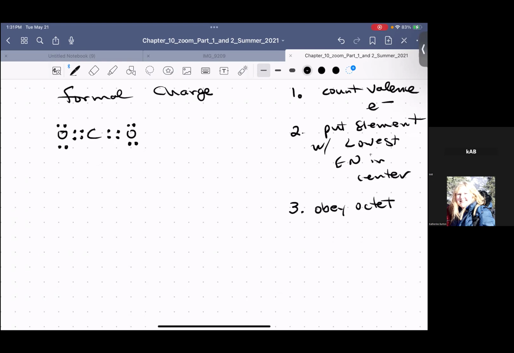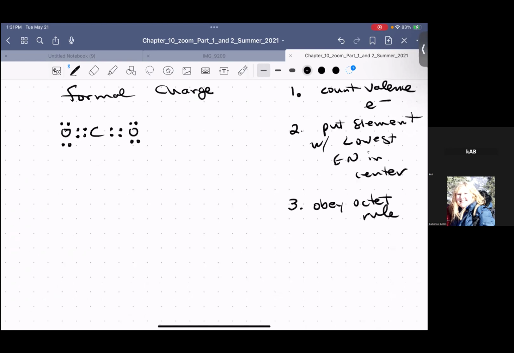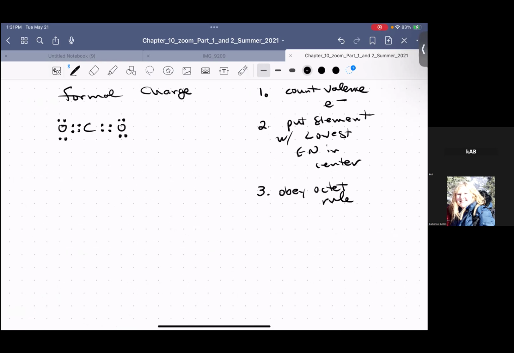The only element in Chem 112 that doesn't, quote, obey the octet rule is hydrogen, only because hydrogen is never going to have a total of 8 electrons. It's always going to stop at 2. It's the nearest full noble gas core that we want with our elements. So obey the octet rule, except hydrogen, which is going to have 1 bond only.